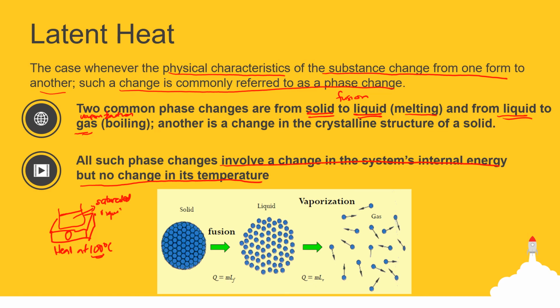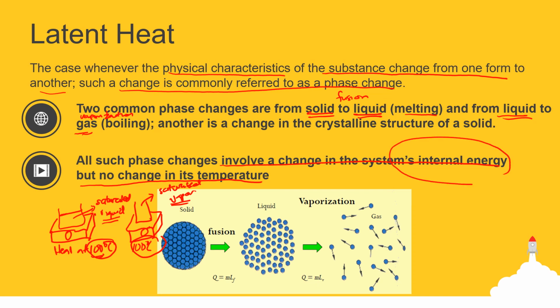Bila awak biarkan dia lama sikit, dia dah mula beruap, dekat suhu yang sama juga, 100 degree Celsius, air ni dia akan jadi saturated vapor. Jadi dia berubah fasa daripada liquid pergi ke vapor. Tapi temperature dia adalah sama, iaitu 100 degree Celsius. Apa yang menyebabkan dia berubah fasa tu adalah dia punya internal energy dalam sistem tersebut. So yang ini sebenarnya dalam thermodynamic nanti you akan belajar secara detail.